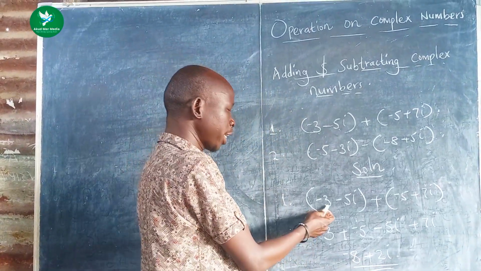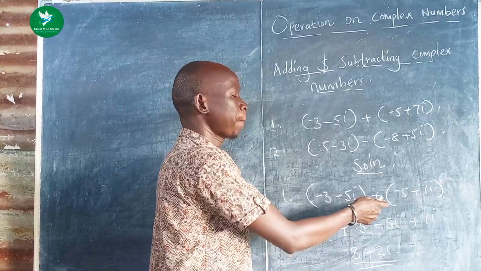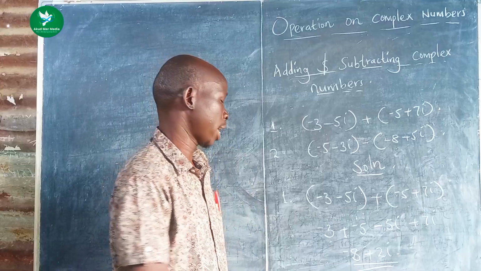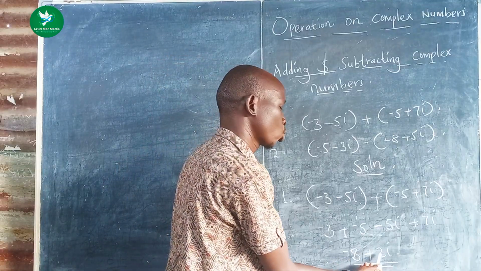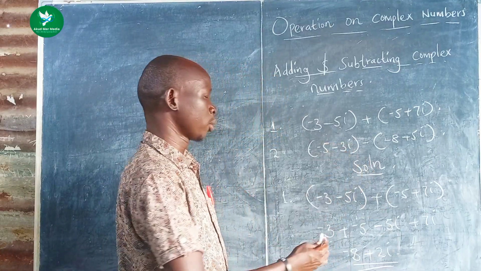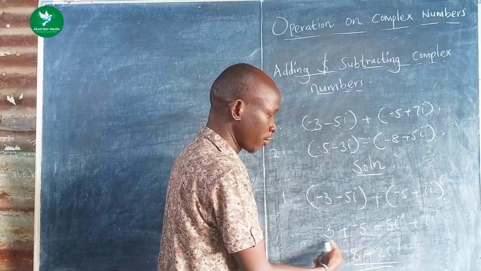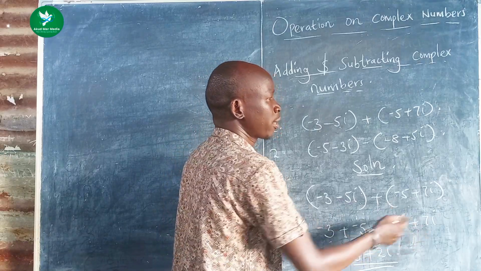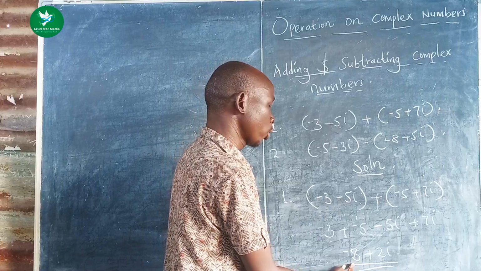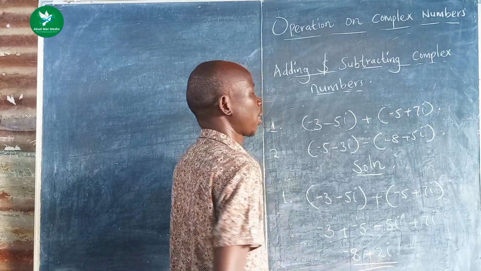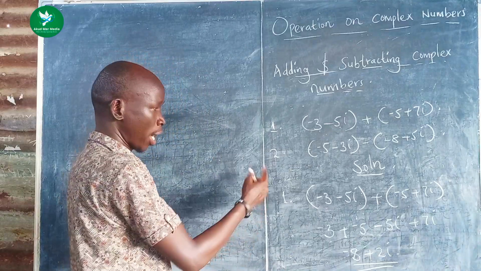Therefore, -3 minus 5i plus -5 plus 7i gives -8 plus 2i. We group them as real values and imaginary values, where the real value is -8 and the imaginary value is 2i. That is for number one.